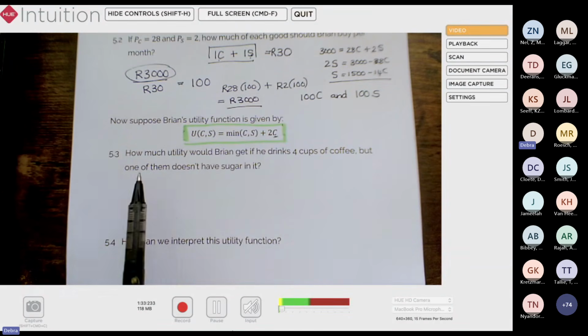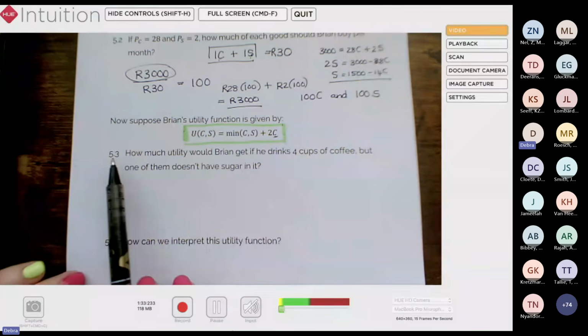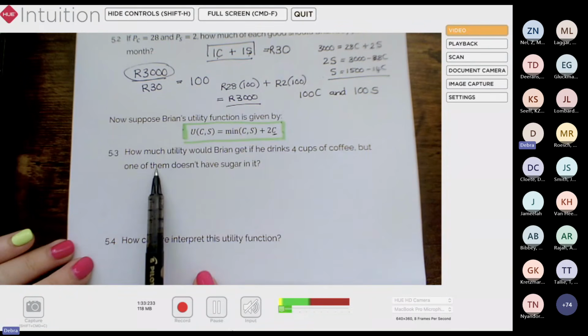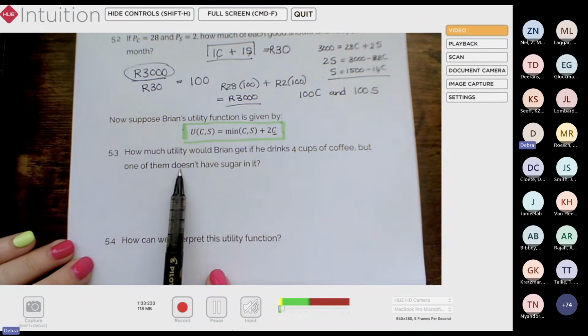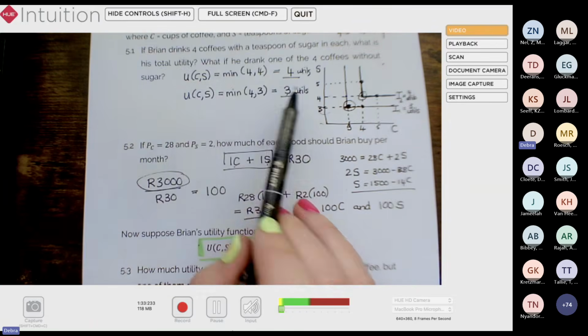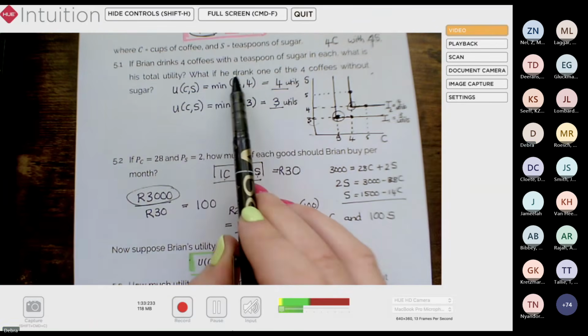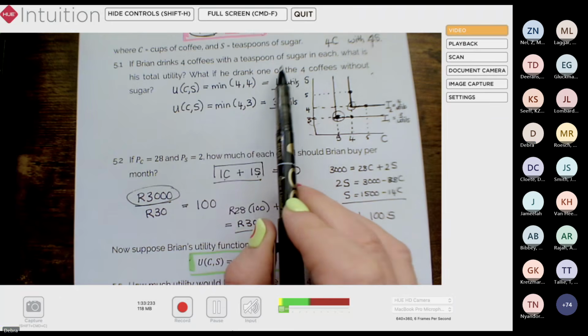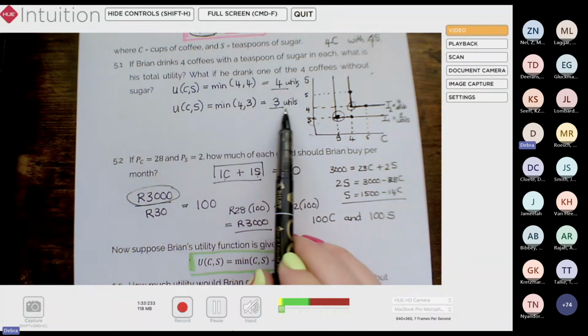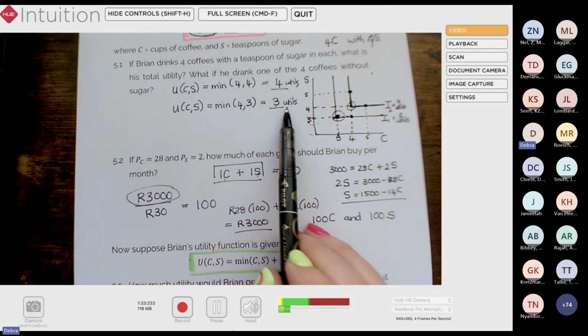So 5.3 then asks, how much utility would Brian get if he drinks 4 cups of coffee, but one of them doesn't have a sugar in it? So this was exactly the same problem in 5.1. We said, what would he get if he drank one of the 4 coffees without sugar? And we saw he would only get 3 utils then. So by having 1 coffee without sugar, so only having 3 teaspoons of sugar, makes his utility go down.